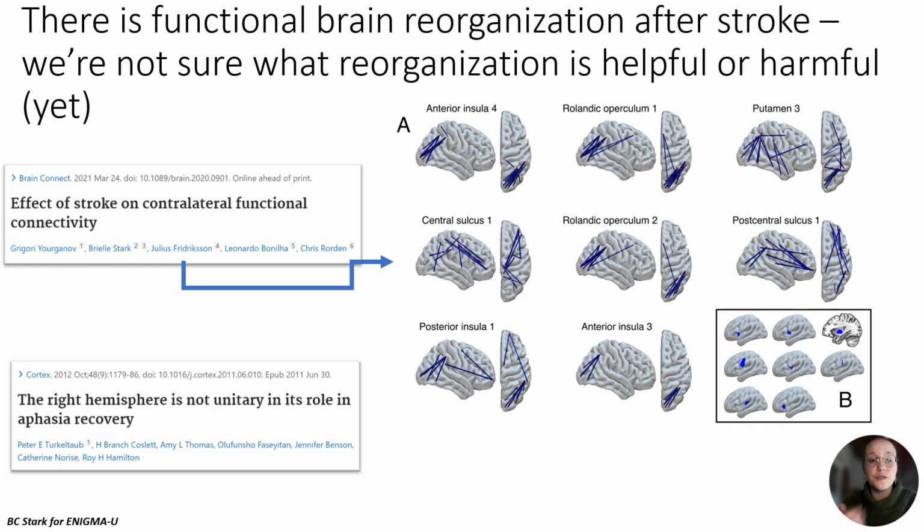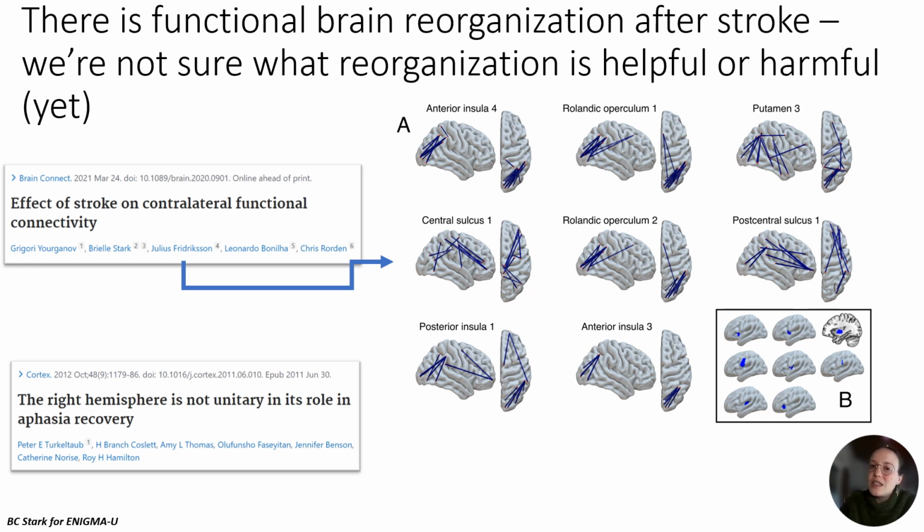Some colleagues and I, this first paper here with the arrow pointing to the right, we're looking at how the lesion damage in the left hemisphere reorganizes the other hemisphere. And several other individuals have looked at how the right hemisphere contributes to aphasia recovery. A recent paper by Stephen Wilson's group showed modest evidence for the extent to which the right hemisphere contributes to language recovery in aphasia.